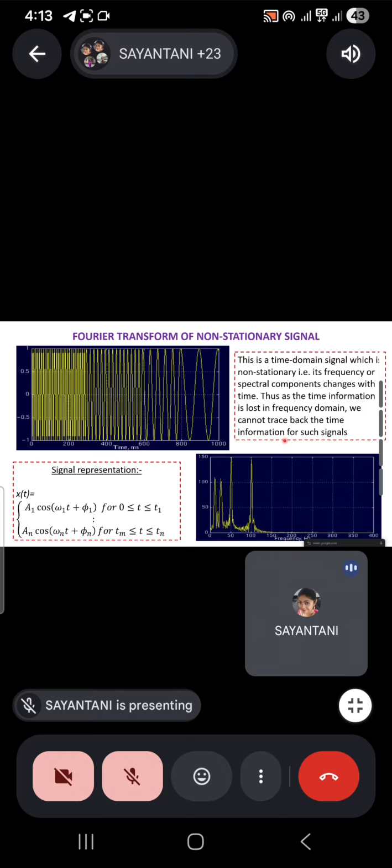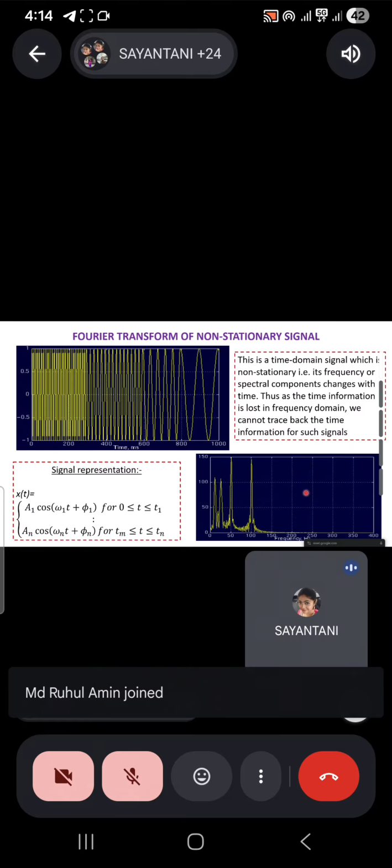Now, for such signals, suppose this is an example of a real-time non-stationary signal, which is the case for EEG signals. If I'm transforming it via Fourier transform, I will get these frequency spikes which I want to acquire. But unfortunately, since all its characteristics are always changing, I cannot trace back certain amount of information from these signals.